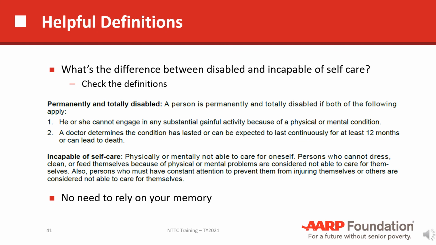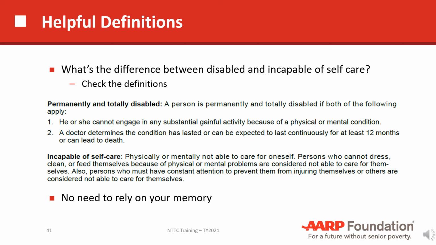Here's a couple of helpful definitions. What's the difference between disabled and incapable of self-care? Permanently and totally disabled. Now you will hear this as you work at your various sites. You will hear the permanently disabled term thrown about, and it's important to understand what that really means.